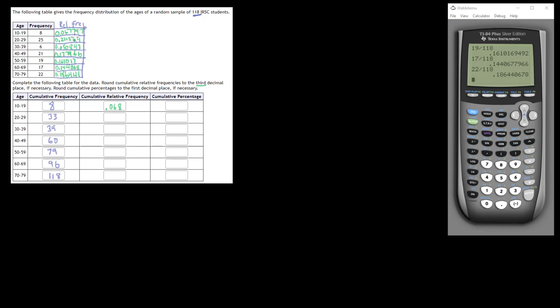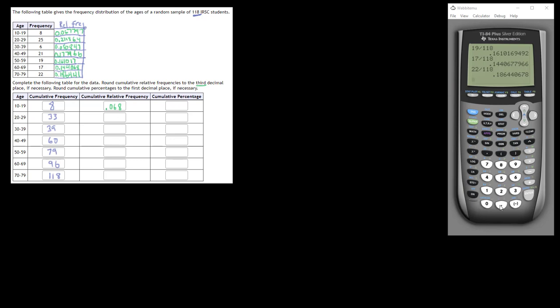Now, for the 20 to 29 class, we're going to do the relative frequency of the second class plus the prior relative frequencies. Now, we do need to be careful here. I'm going to always refer back to this column here because it'd be easy to get in trouble with rounding. So I'm always going to go back to this column when I'm calculating these cumulative relative frequencies.